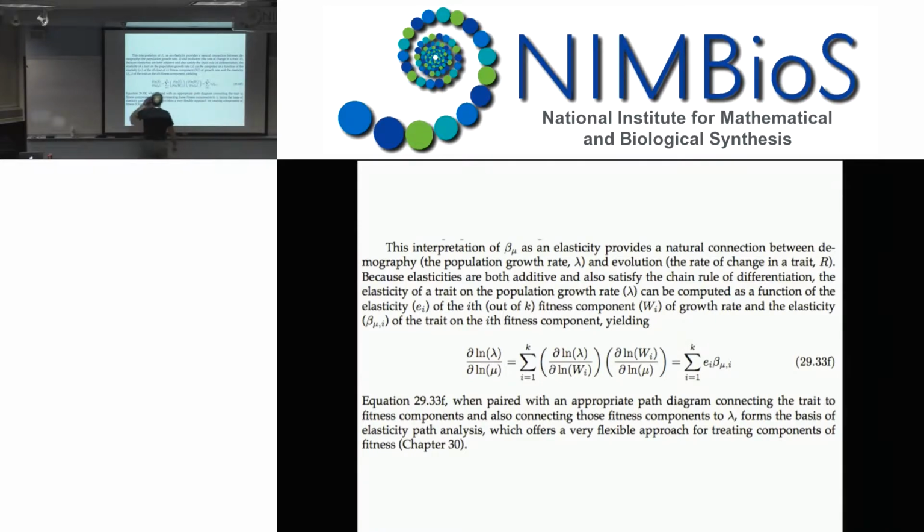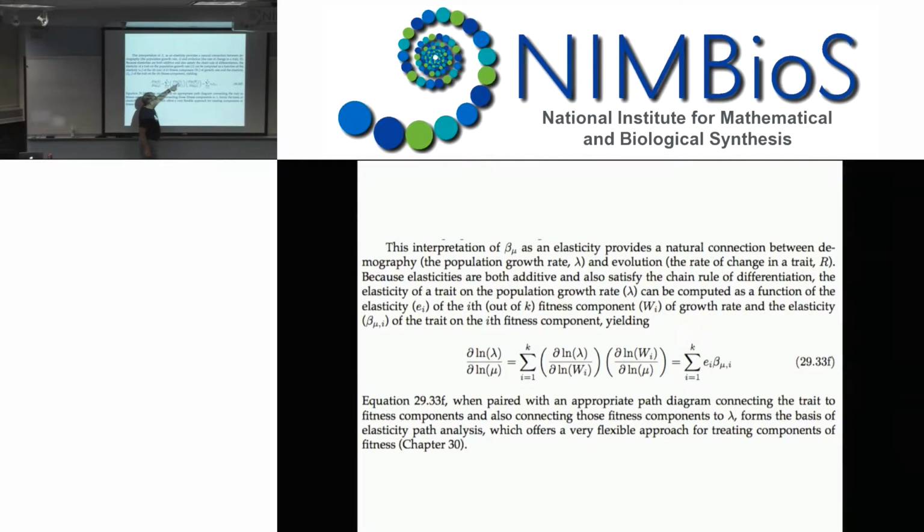Let me show you why that's important. So suppose what I really want to know is how does the overall growth rate change when I change the mean of a given trait? Well, you can imagine that trait influences several episodes of selection. The simplest is it influences reproduction and influences survival.